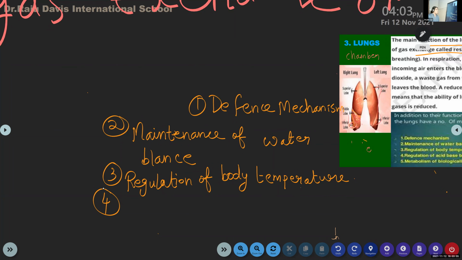Another thing is maintenance of water balance. That is, in your body, the impure water will be thrown out of your body, and pure water will be used for your digestion and making the nutrients. Okay, so that is water balance.